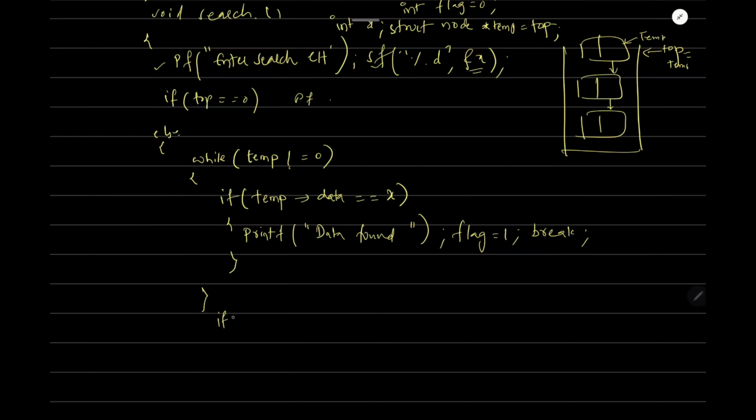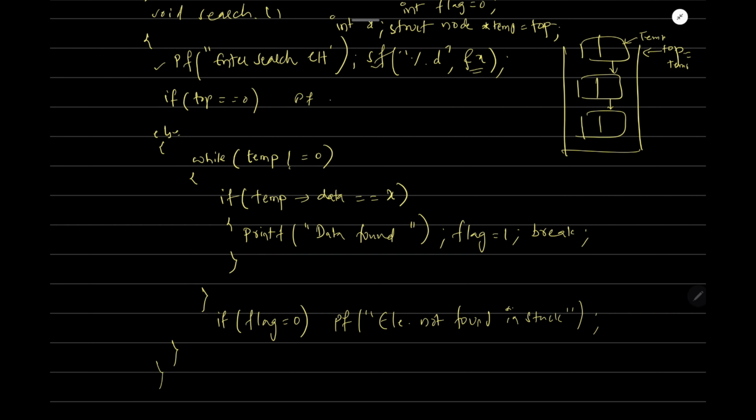Now I will put the condition: if flag is 0, then printf element not found in the stack. The desired or search element is not found in stack. This we can print. So this is the search.